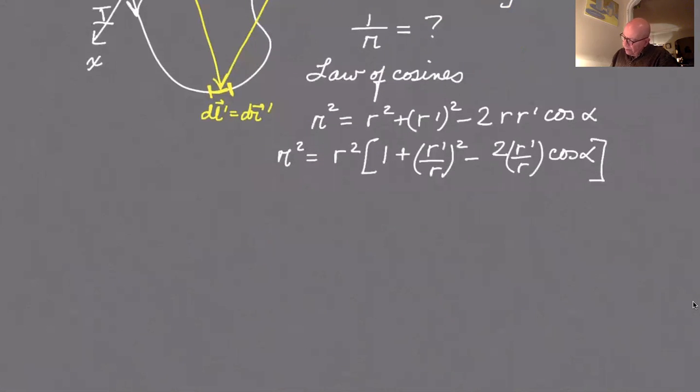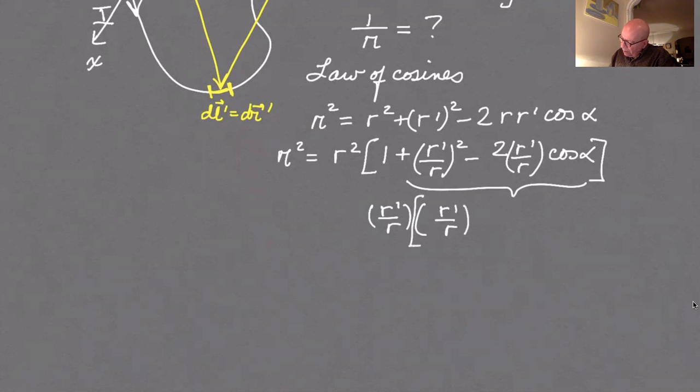All right, and then I'm going to play with this. I'm going to factor out an r prime over r. It's going to be r prime over r, minus 2 cosine of alpha. I'm going to call this epsilon.